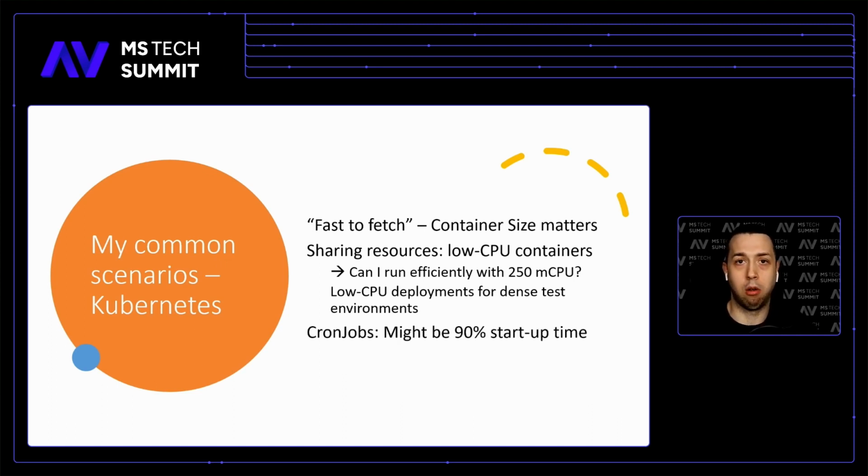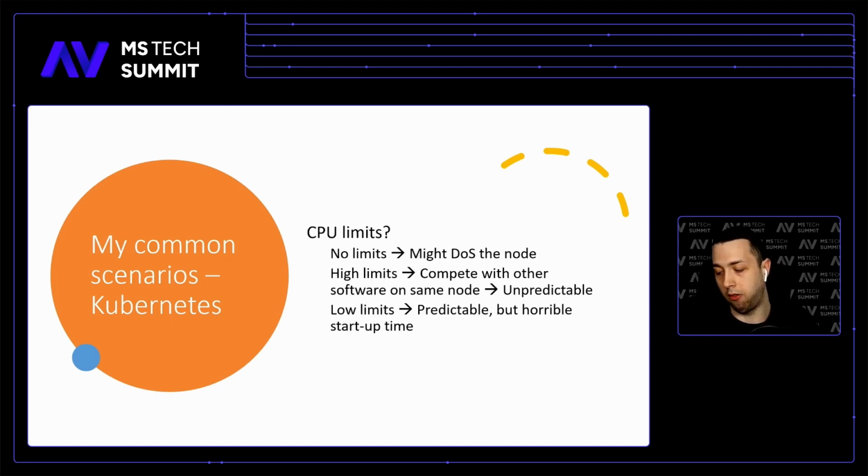For example, if I schedule jobs through cron jobs, maybe the job runs for a minute and a half, and maybe 90% of that was just the startup time for .NET to JIT all the methods and for everything to start up, because maybe I don't want this JIT time to degrade the performance of other things running on the same CPU. And speaking of limits, there are usually a couple of different approaches to limits.